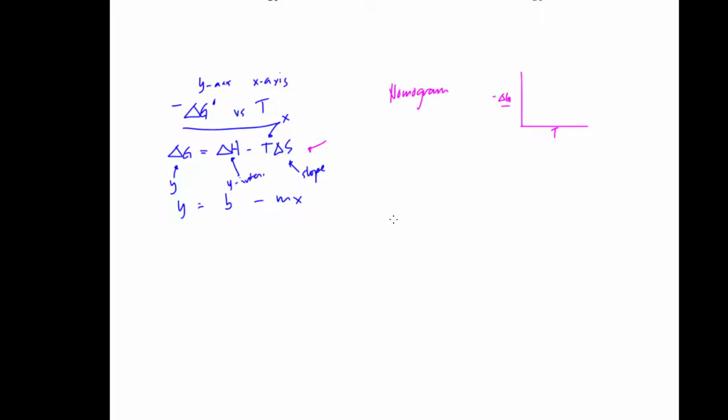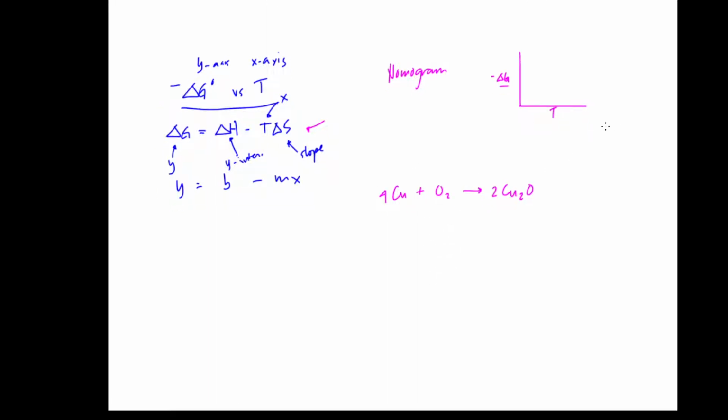Okay? So, let's take, for example, yung example na natin ng copper. So, we have 4Cu plus O2 yields 2Cu2O, no? So, that's our equation. Now, say for example, gusto natin na yung environment niya is nasa blast furnace tayo na parang coal yung ginagamit.